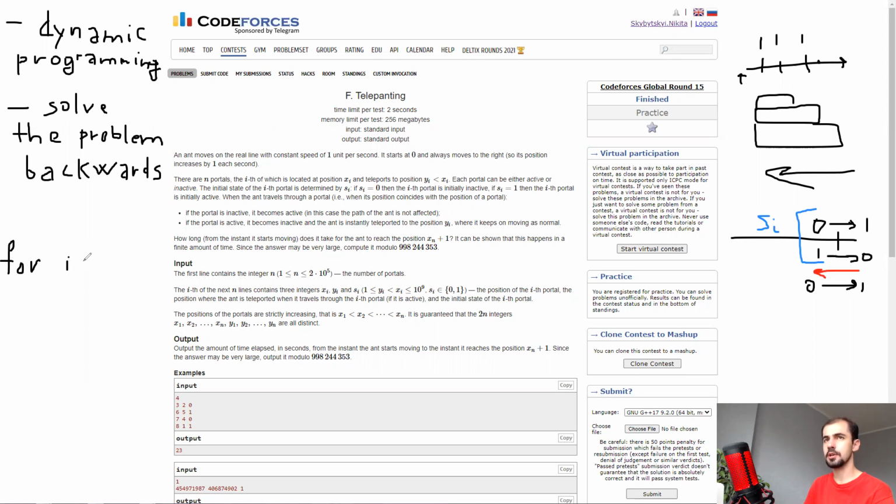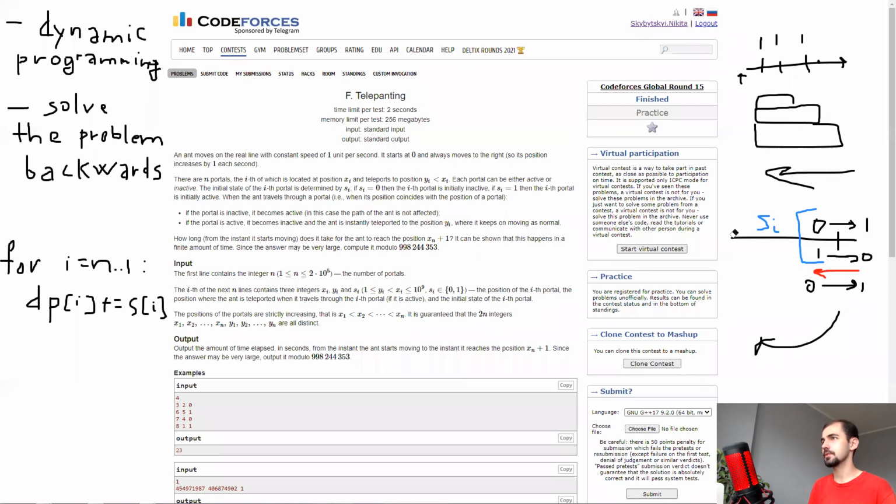So we may say: for i from n to 1, we may safely say that dp of i plus equals s_i. So if the portal is originally turned on, then it will fire at least once. Yeah, so we will use it at least once. But we may use some portal multiple times because we got teleported back.